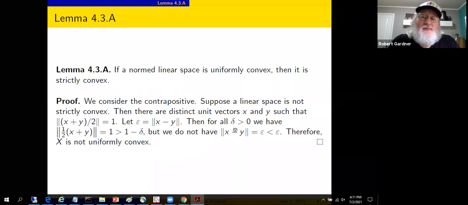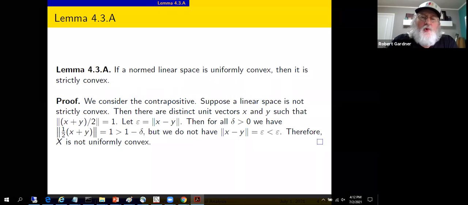So for this value of epsilon, no matter what we choose delta to be, so let delta be greater than 0, arbitrary, then we have the norm of 1/2 (x plus y) equals 1. Well, 1 is greater than 1 minus delta. But we don't have the norm of x minus y less than epsilon. We have the norm of x minus y equals epsilon.